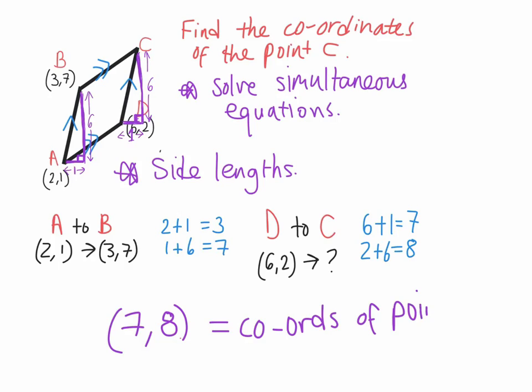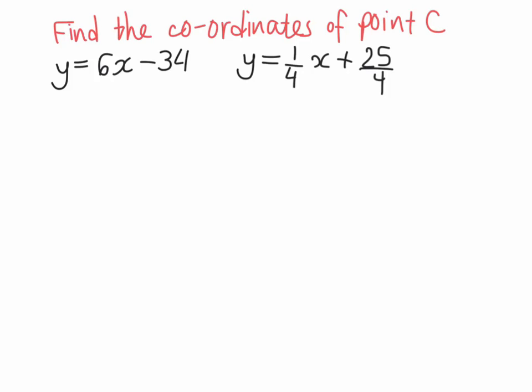And so now I will show you the simultaneous equation way, just to show you that we get the same answer. So here are the two equations we found earlier, and we'll solve them through substitution.